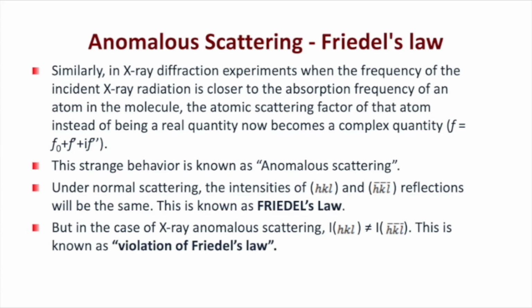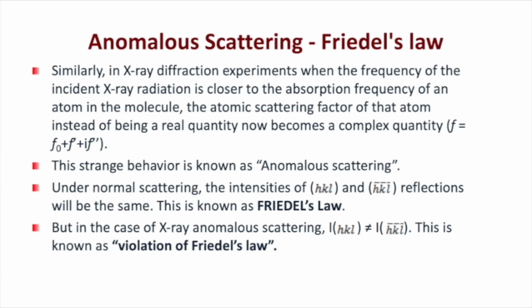In addition to this F0, we have a correction term known as F prime, which is usually negative, in the real part, and a correction factor in the imaginary part, known as iF double prime. This F double prime is positive, F prime is negative. This nature of the atomic scattering factor becoming complex when the external frequency matches the absorption frequency of the atom is known as anomalous scattering. Strange behavior.